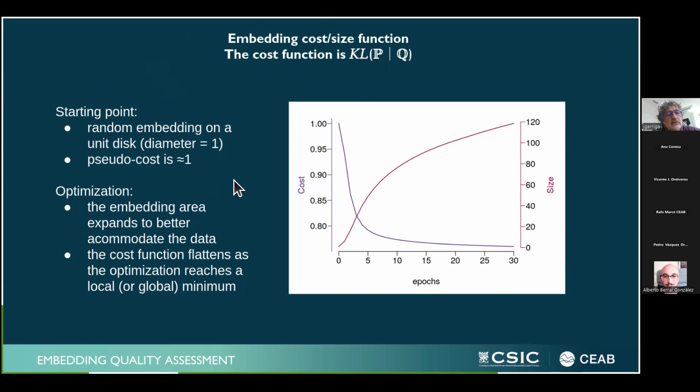Then as the optimization proceeds, the embedding area expands to better accommodate the data, and the cost function is minimized and flattens as the optimization reaches a local or a global minimum. So as long as we observe a plateau in the last epochs, then we know that the algorithm has converged to a minimum.